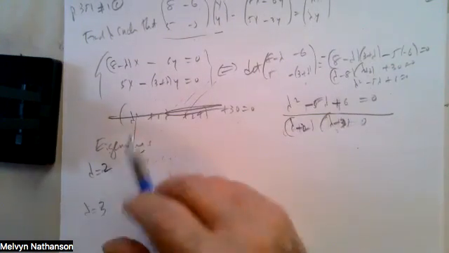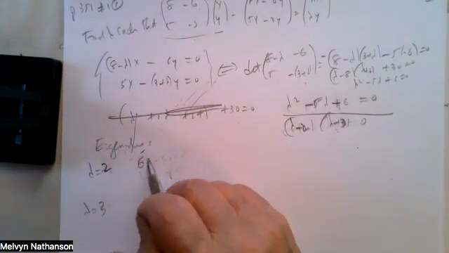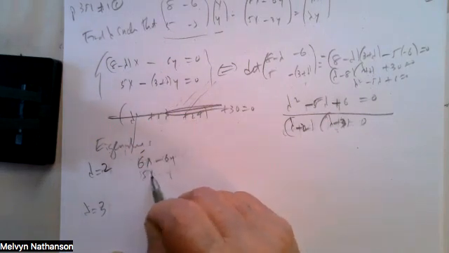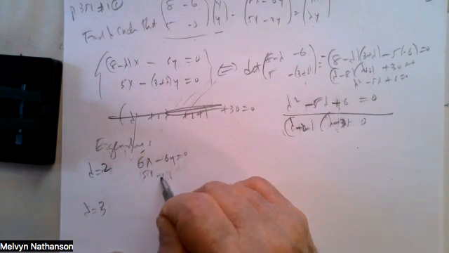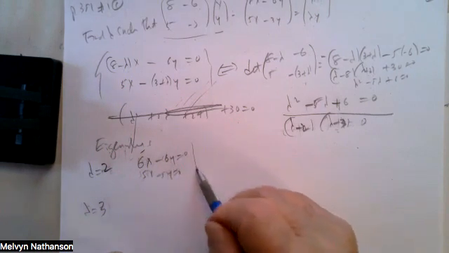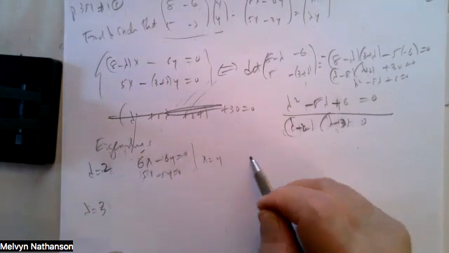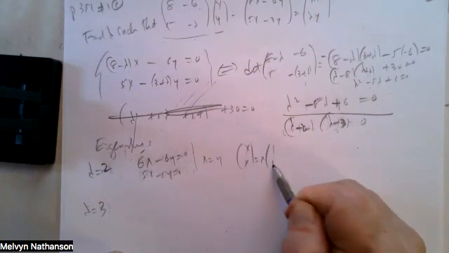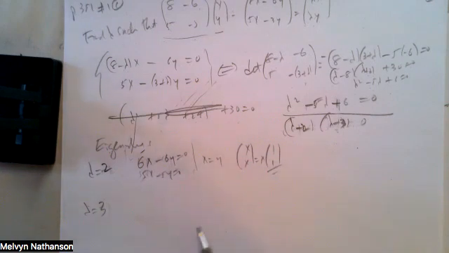2, 3. When λ is 2, that's 6x - 6y equals 0, 5x - 5y equals 0. This is all the same as x equals y. So we just get the vector (x, x), or x times (1, 1). So (1, 1) should be an eigenvector with eigenvalue 2. When λ is 3, this is 5x - 6y equals 0.